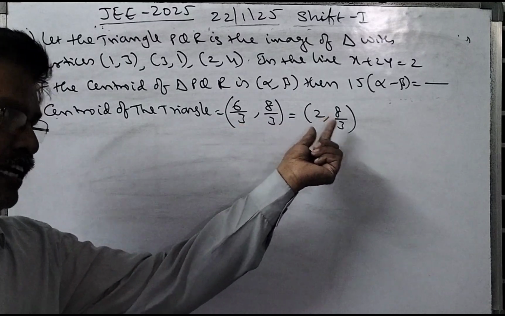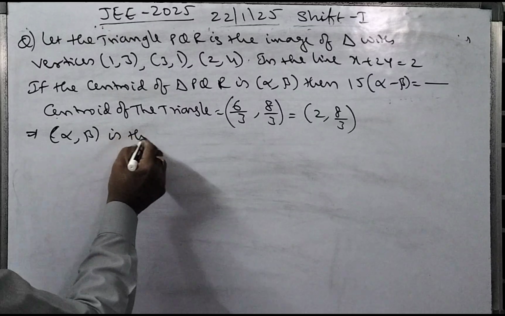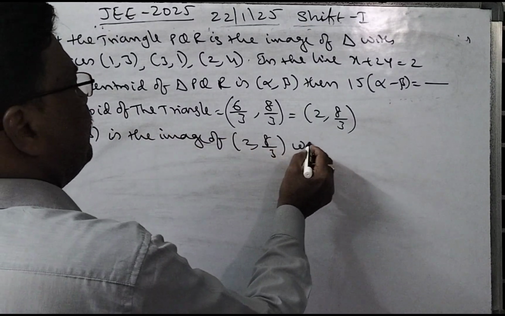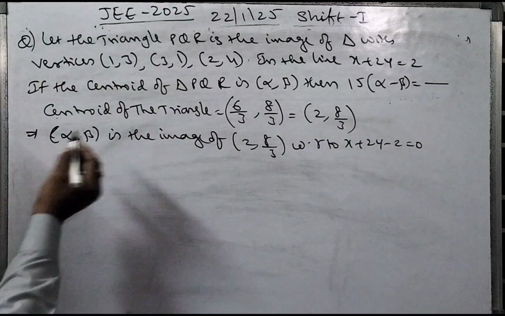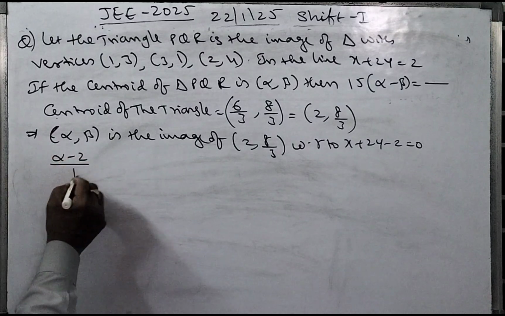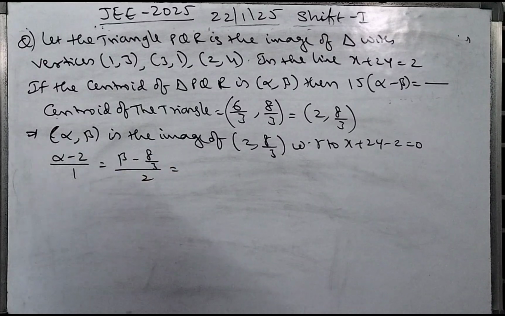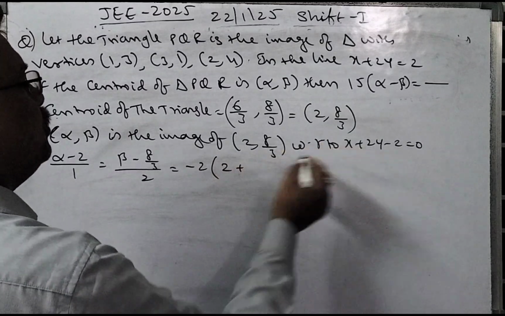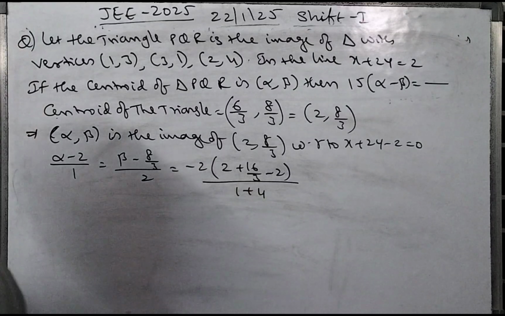Now (alpha, beta) is the image of this point. So this implies (alpha, beta) is the image of (2, 8 by 3) with respect to x plus 2y minus 2 is equal to 0. So already we know the image theorem formula: (h minus x1) by a. That means alpha minus 2 by 1 is equal to beta minus 8 by 3 by 2 is equal to minus 2 of (ax1 plus by1 plus c) by (a square plus b square). ax1 plus by1 means 2 plus 2 into 8 by 3, 16 by 3, minus 2, by a square plus b square, 1 plus 4, 5.